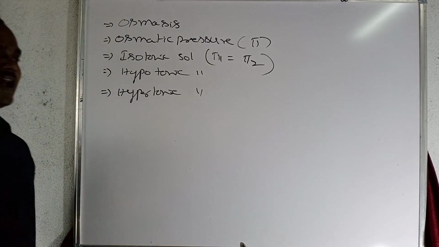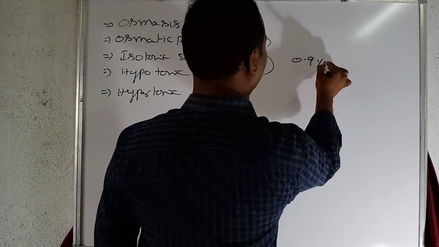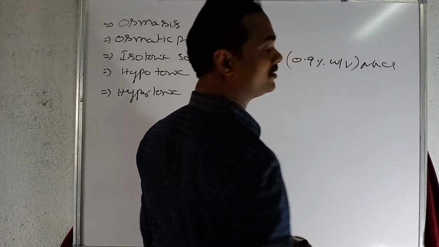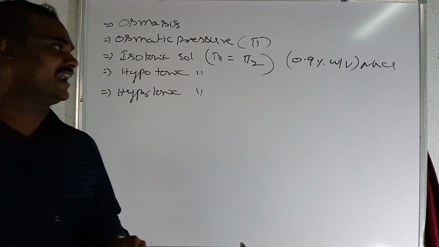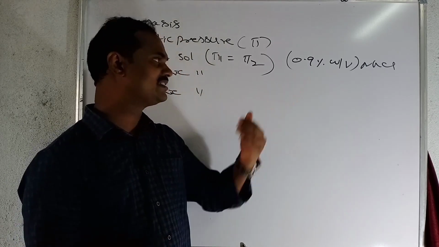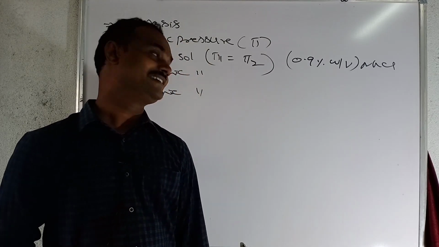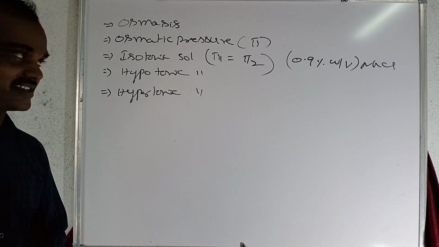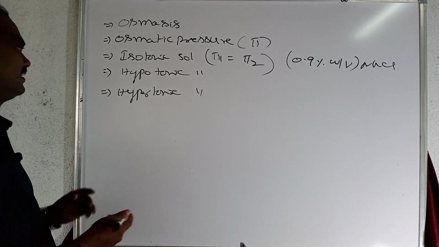Generally normal saline contains 0.9% mass by volume NaCl. This solution we call as normal saline. Its osmotic pressure is equal to blood pressure. That's why normal saline is injected into the blood. There is no increase or decrease of cell size with this normal saline.